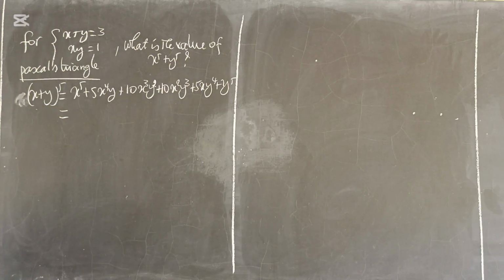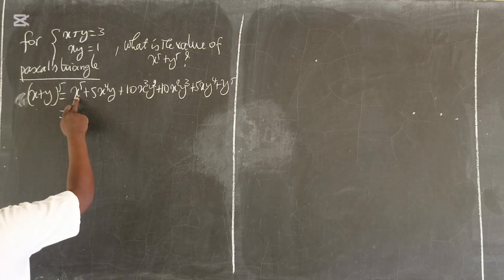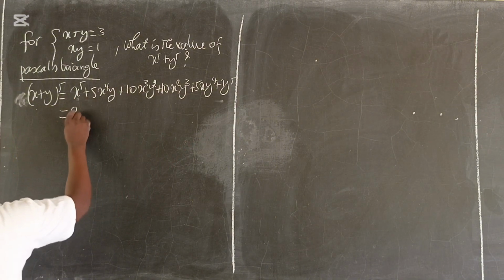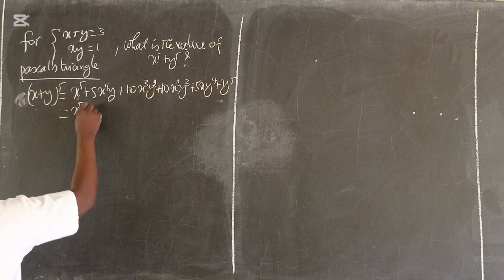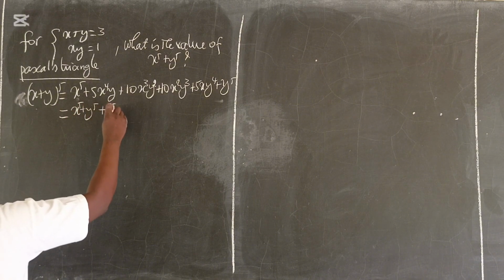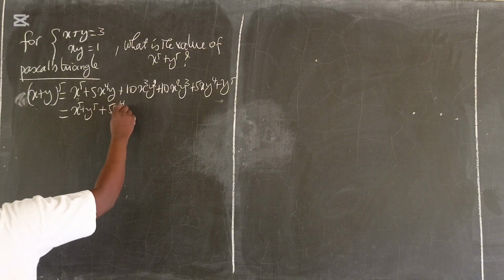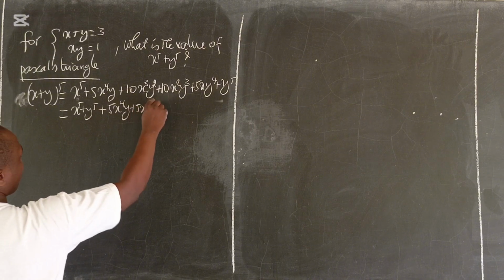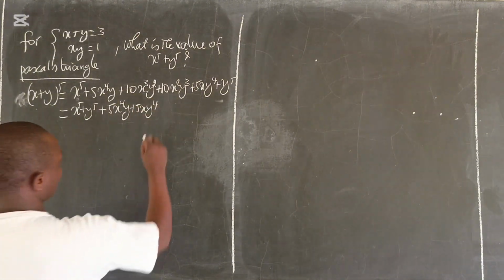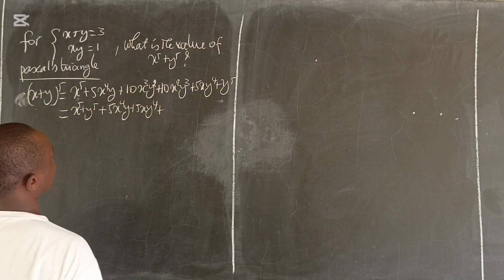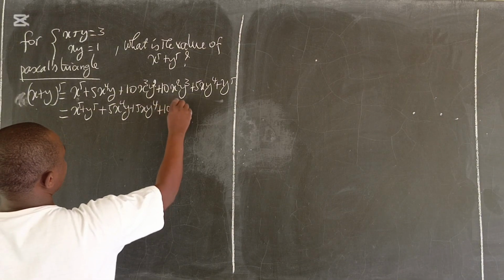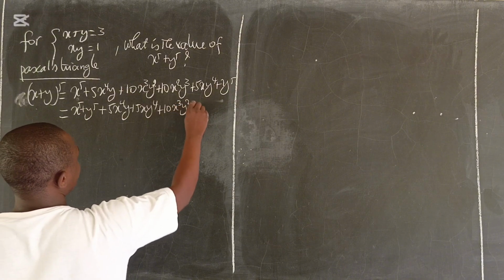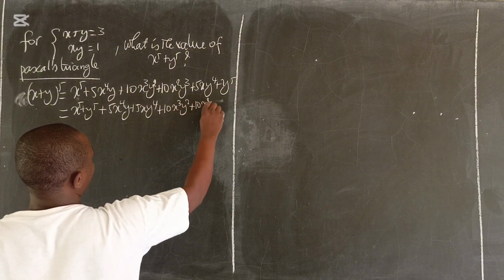This is equal to, I can start with this and this, x power 5 plus y power 5 plus 5 x power 4 y plus 5 x y power 4 plus 10 x power 3 y power 2 plus 10 x power 2 y power 3.